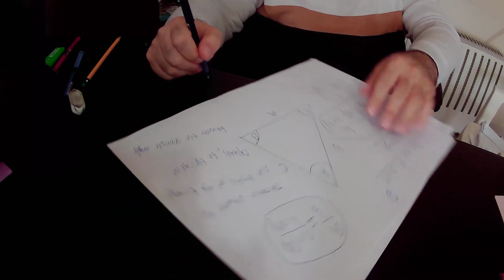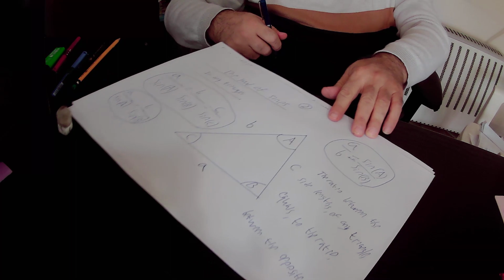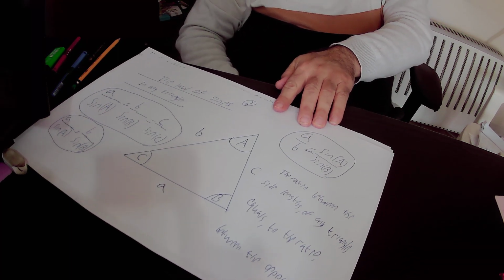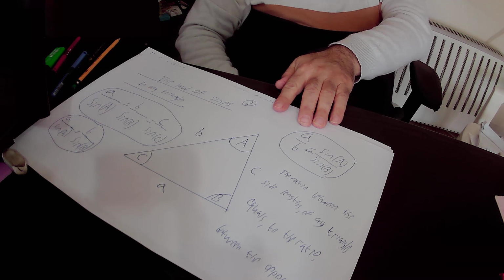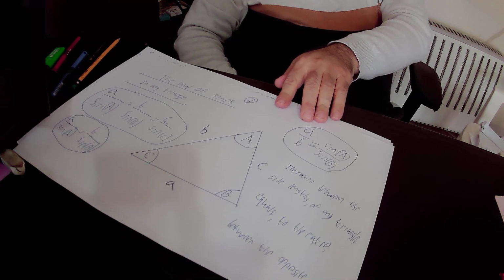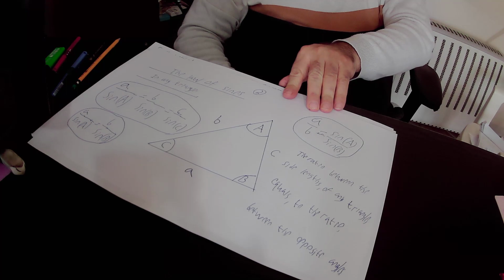I'll repeat again. From this formula, we can conclude that the ratio between the side lengths of any triangle is equal to the ratio between the opposite angles. Okay?